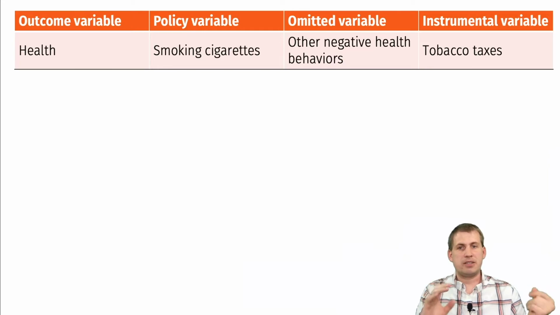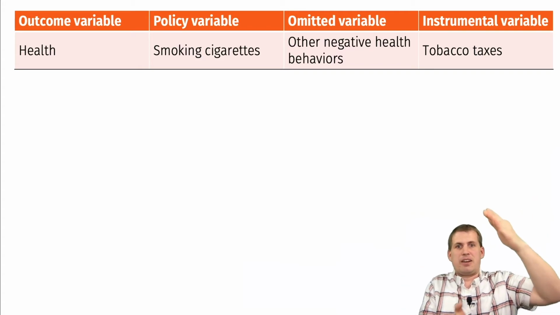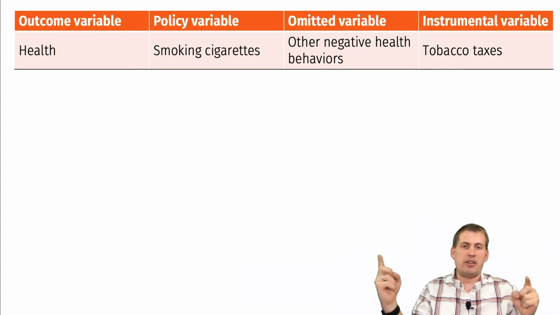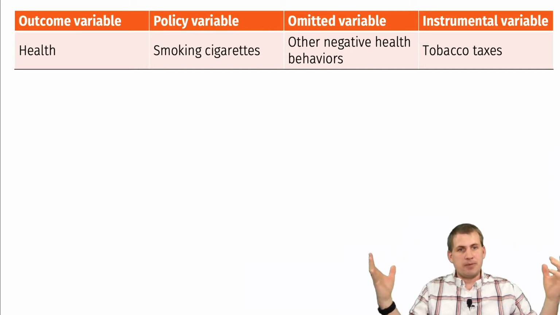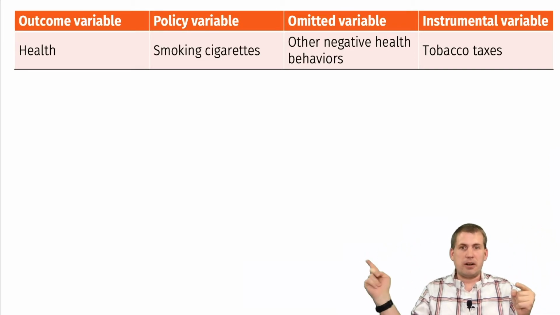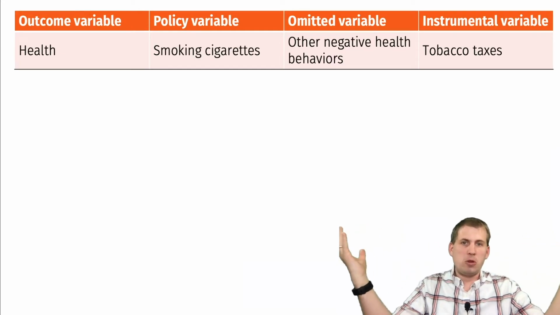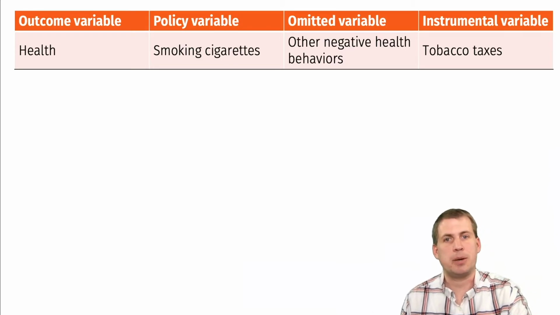Raising tobacco taxes won't increase your health because it makes you run a marathon. That's not on the path between tobacco taxes and health. So arguably, the only way you can get from raising tobacco taxes to health is through cigarettes. And if that makes sense, then you have a good instrumental story and that works.